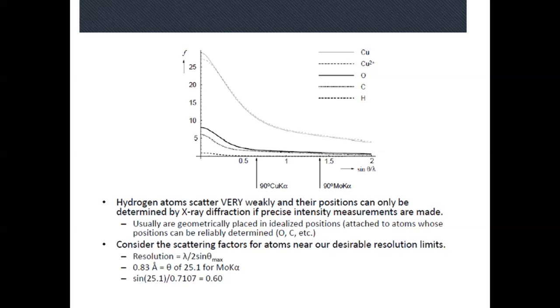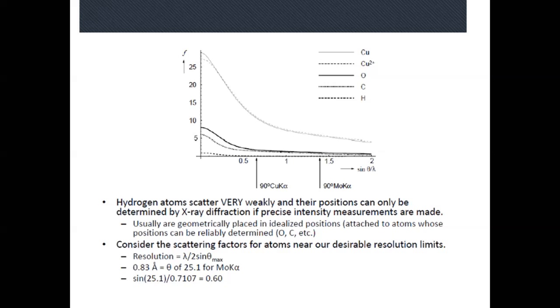So carbon and oxygen scatter effectively, and so does copper. And so when you're doing an experiment involving molybdenum radiation, you want your diffraction data to go out to at least 50 degrees 2 theta, because that's the cutoff for 0.83 resolution.